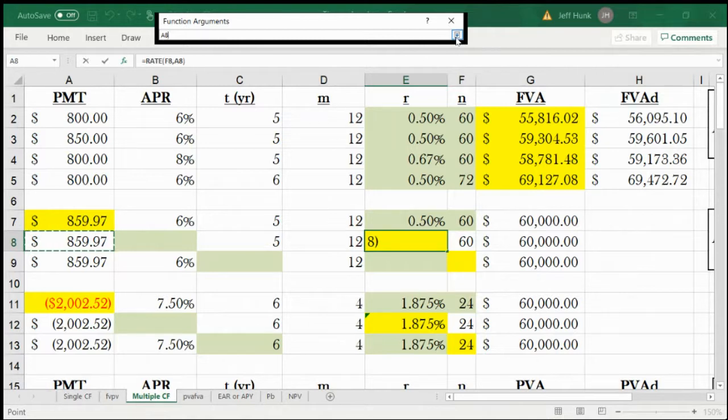But here's one thing you have to understand. When you are using Excel's built-in function, basically it's a financial calculator setting, right? And in a financial calculator, there has to be a distinction between cash inflow and cash outflow, right?